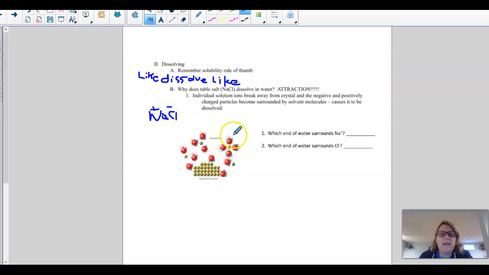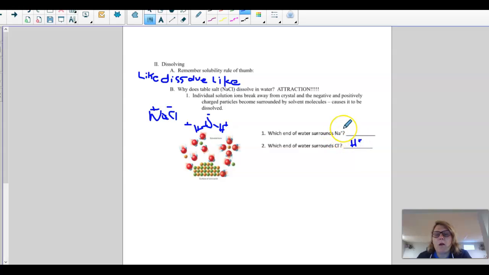So the positive end, when it is submerged in water, and remember when we think about water it is H2O, and the hydrogens have a positive end and the oxygens have a negative end. So we talk about attraction. Like charges repel, opposite charges attract. So the chlorine is going to be attracted to the hydrogens. So it's going to surround itself.